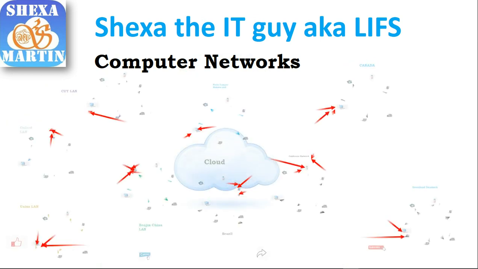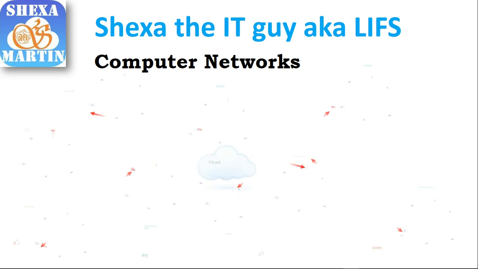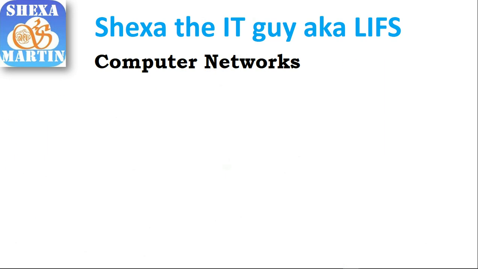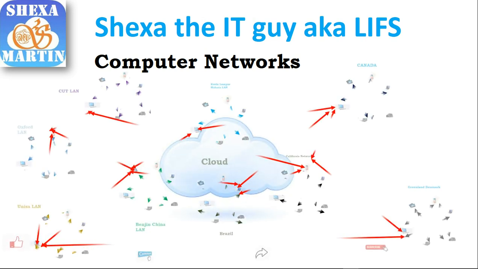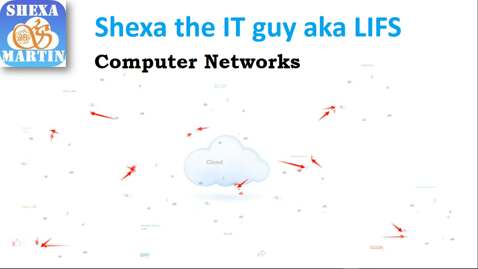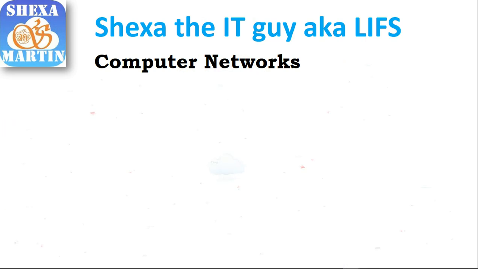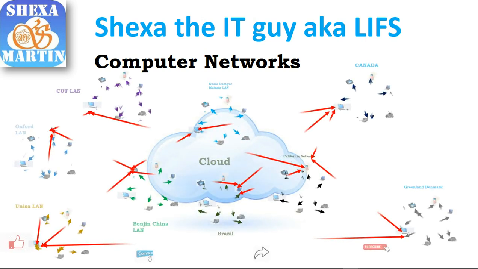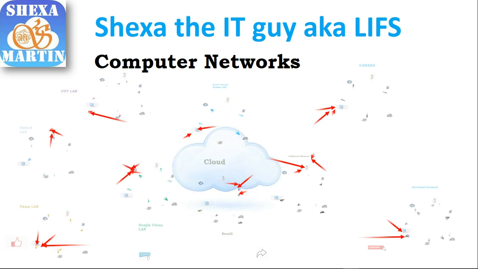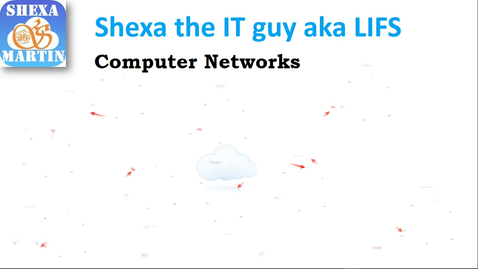I'm going to take you through from stage number 1 up until we get to such a condensed network like this one, where devices are connected to each other, and networks themselves are connected from one country to another, like Canada, Brazil, Malaysia and other countries.